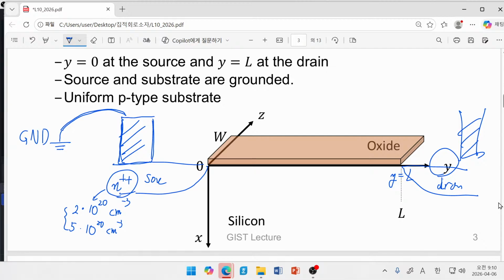Of course, when we compare this quite high density in silicon with the density of electrons in metal, we have orders of magnitude difference. It means that metal has many more electrons even than N plus or N plus plus silicon.